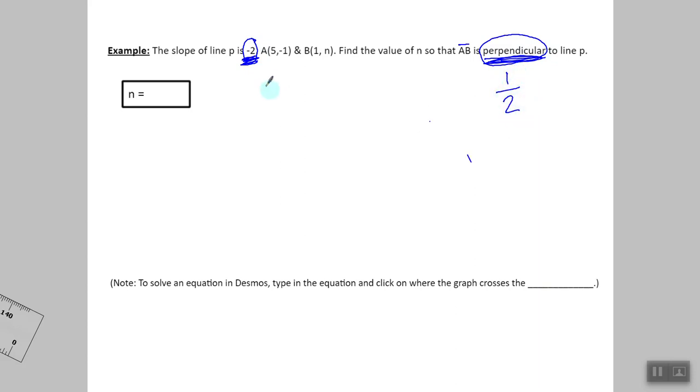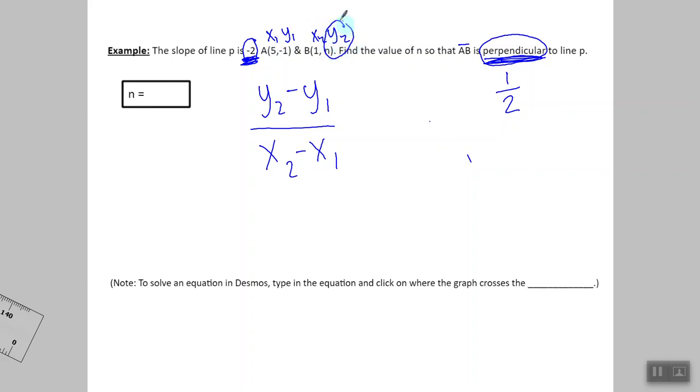And then I remember my slope formula, which is y sub 2 minus y sub 1 over x sub 2 minus x sub 1. That means I'm using this point, the x and the y, and this point, the x and the y. This is my first point, and this is my second point.